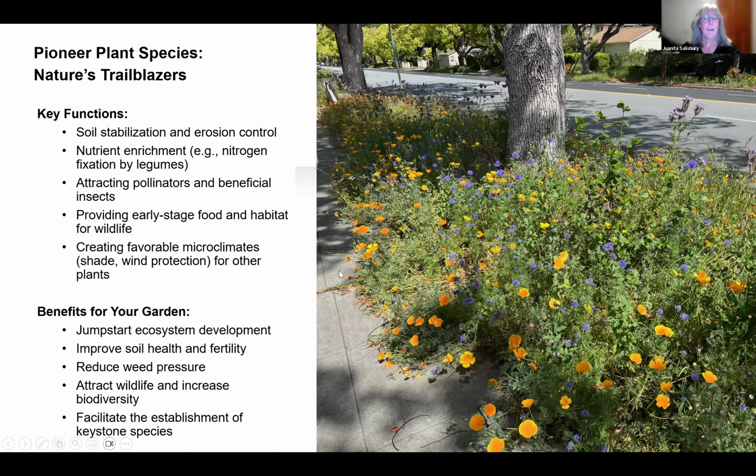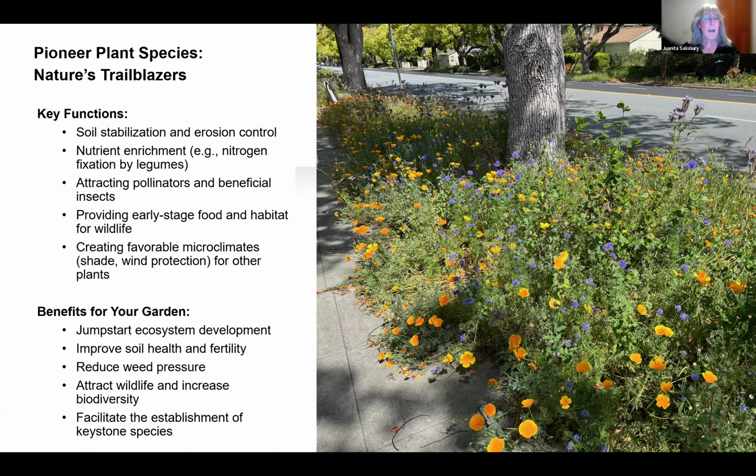So aside from keystones, we also have those pioneer plant species, nature's trailblazers. The key functions of trailblazers are that they provide soil stabilization and erosion control, nutrient enrichment like nitrogen fixation by the legumes. They attract pollinators and beneficial insects. They provide that early stage food and habitat for wildlife.